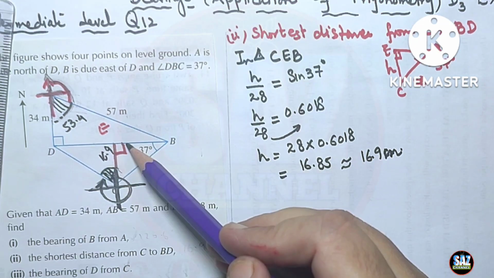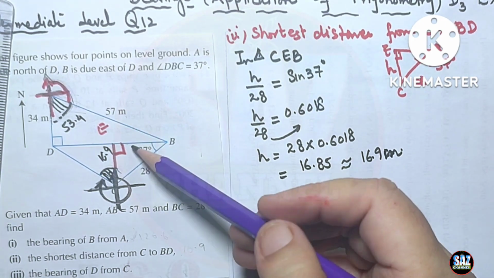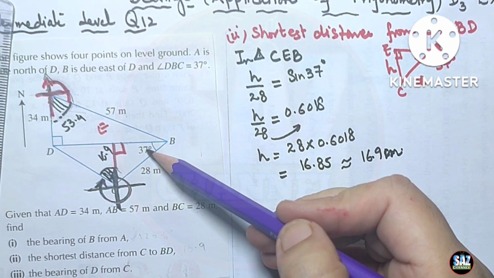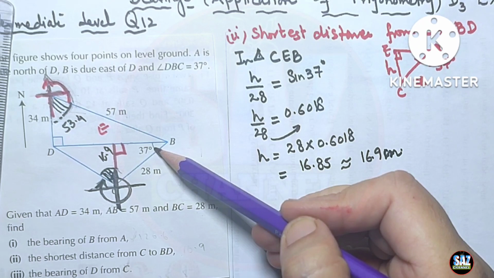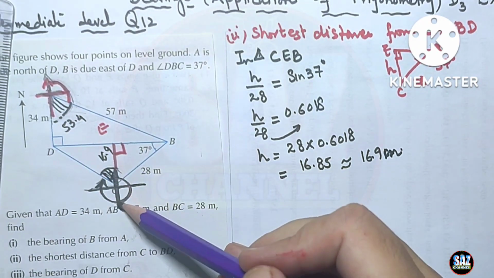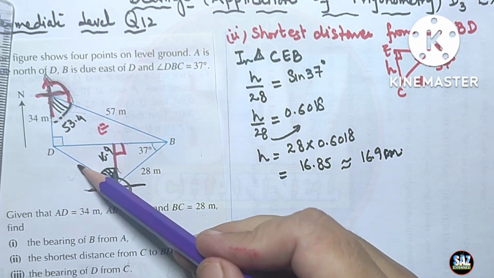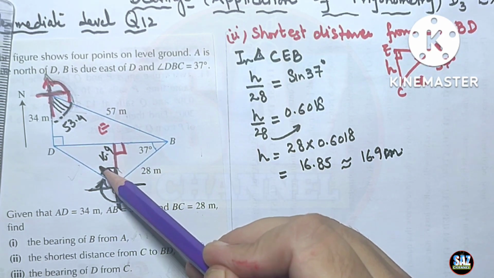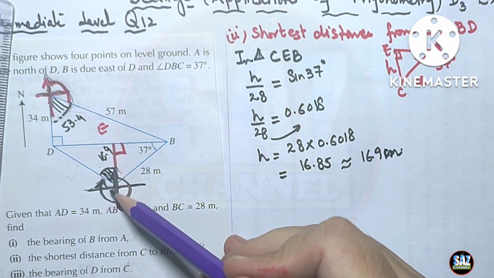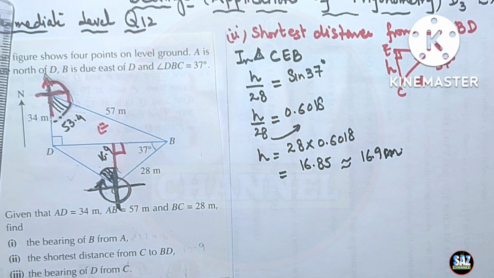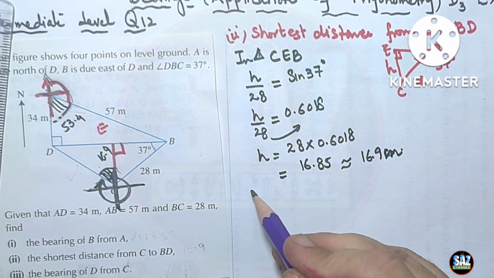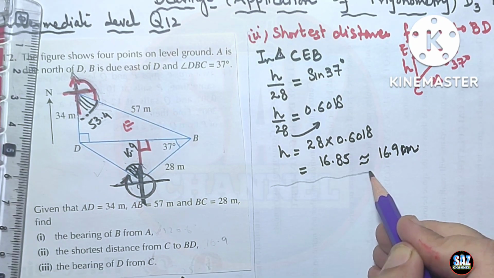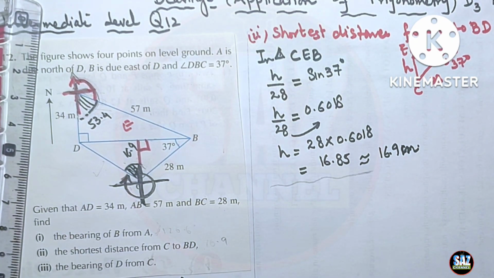Now to apply the cosine law to get side DC, and that DC will help me in finding this angle, and after that, students, we will be able to reach our requirements. So let's solve this part carefully. It requires attention. So first is the bearing part, the third part.